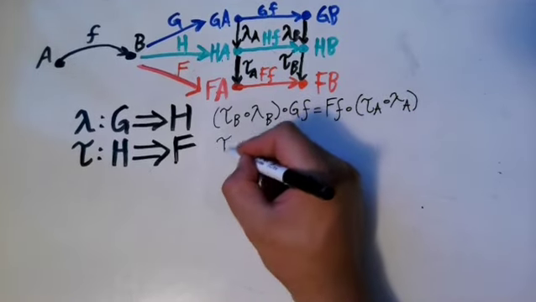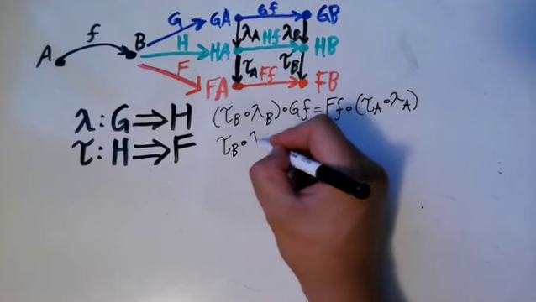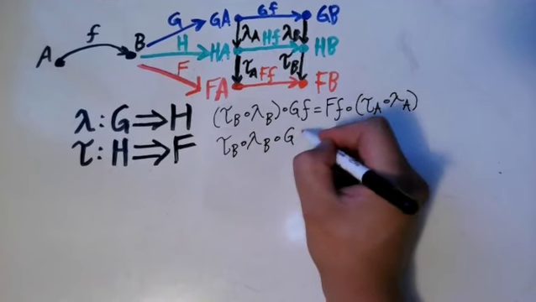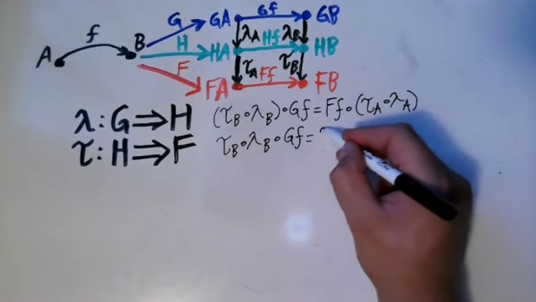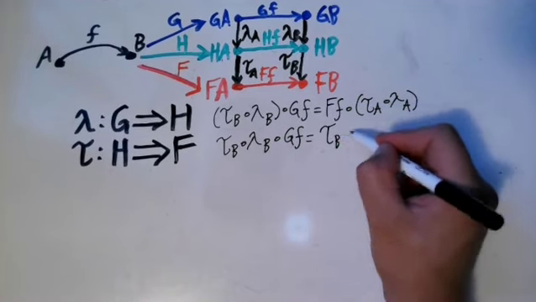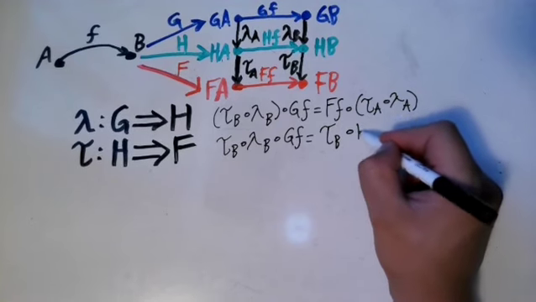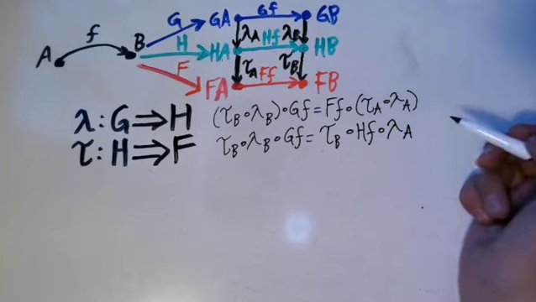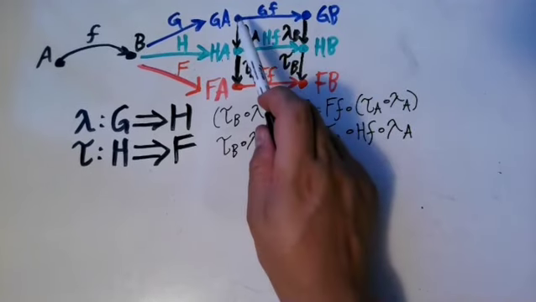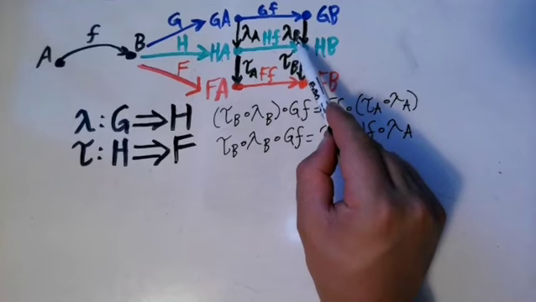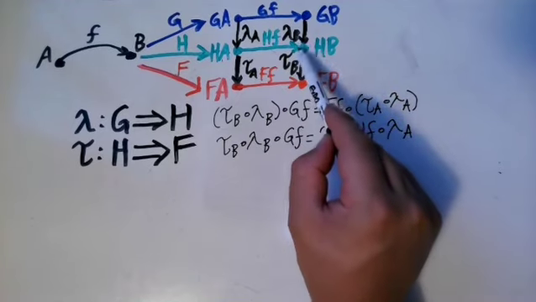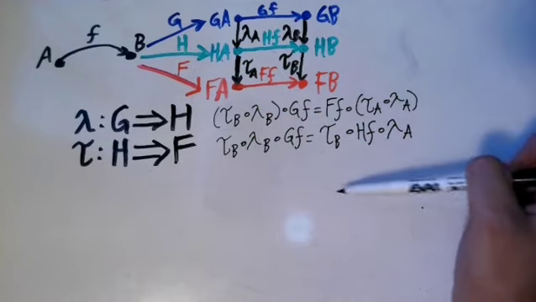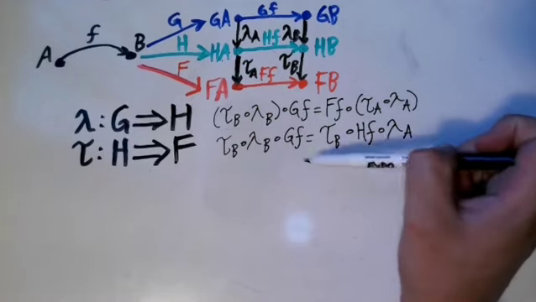But tau of B after lambda of B after G of f is actually equal to tau of B after H of f after lambda A. And we know this because we can apply the first natural transformation. Lambda B after G of f is the same as H of f after lambda A, which is here.